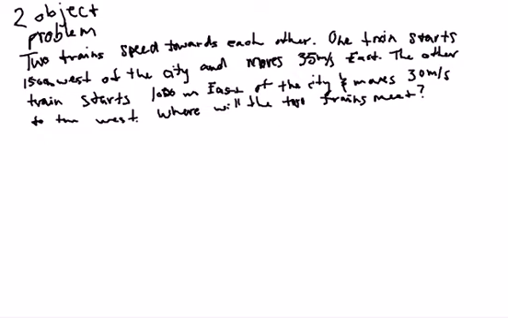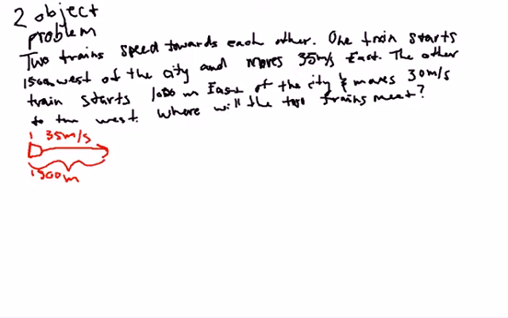So now that you've read the problem, now you want to think of drawing it. So we have, let's just call this train 1, going in this direction, it is 1,500 meters from your city, and it is going 35 meters per second.